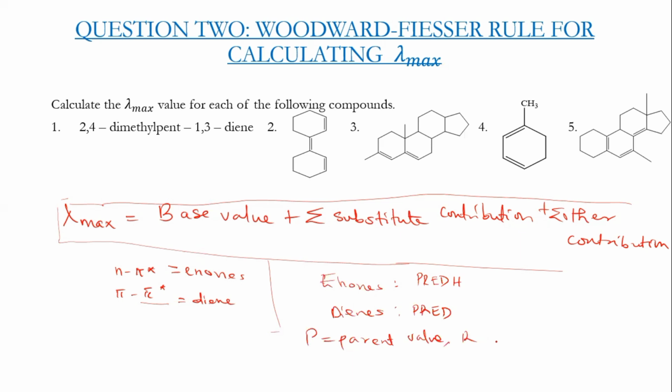The R is the ring residue. The E is the exocyclic double bond. I'm still going to talk about each of them.